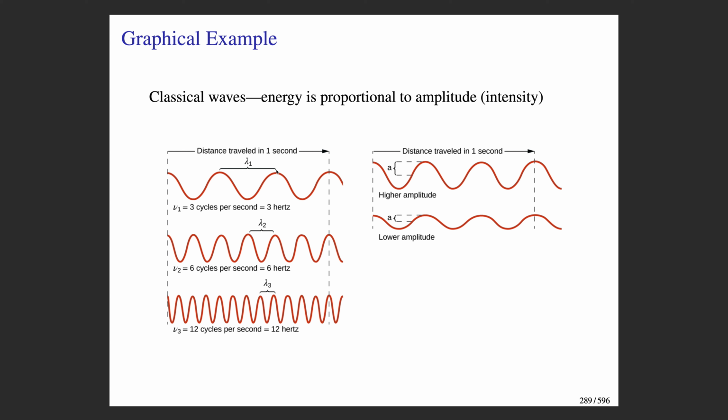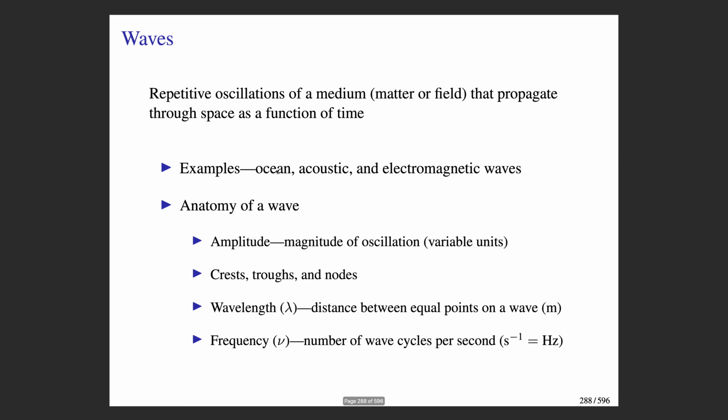So you would take that number of waves that pass by you, let's say in 2 minutes, and then divide that number by the time. So what you wind up with is something like wave cycles, that is wavelengths per unit time. And so the units that are used for the frequency of a wave are reciprocal seconds. And this is also called the hertz.